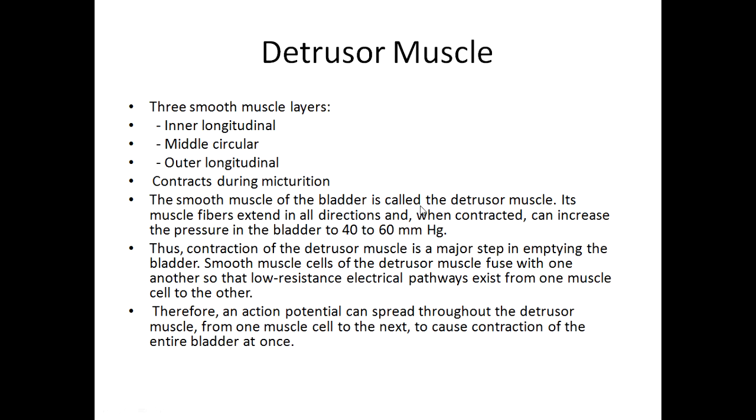The smooth muscle of the bladder is called the detrusor muscle. Its muscle fibers extend in all directions, and when contracted can increase the pressure in the bladder to 40 to 60 mm of Hg.